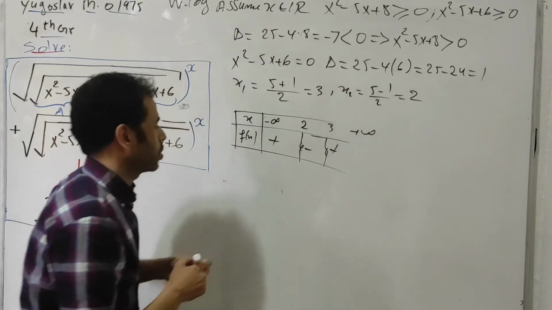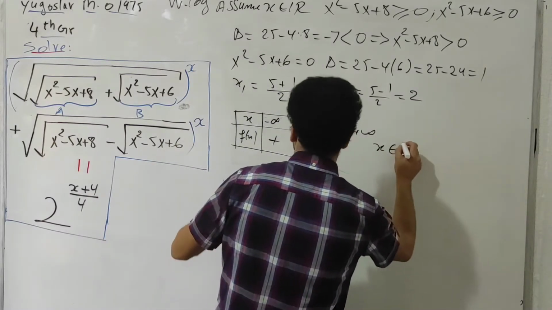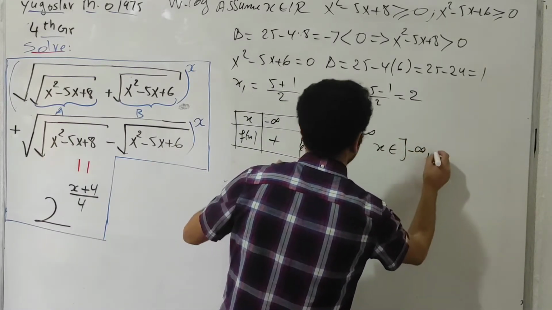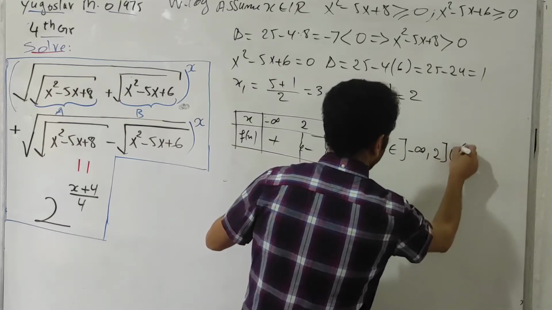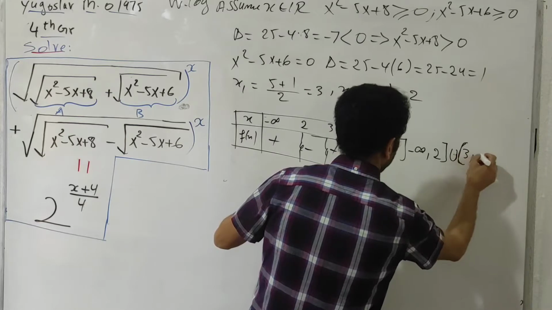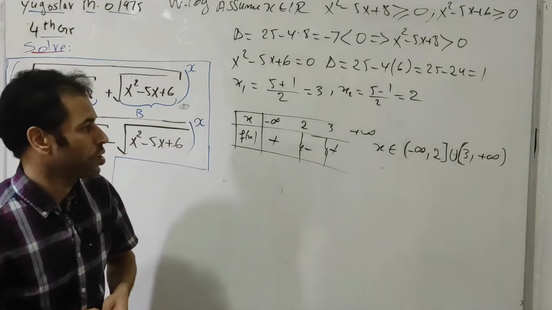We are taking only the positive interval, so that means x is taken from minus infinity to 2, included in the solution, union 3 to plus infinity. This is the interval on which I can solve this equation.